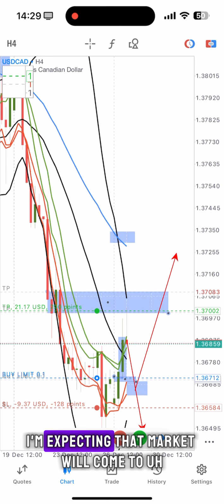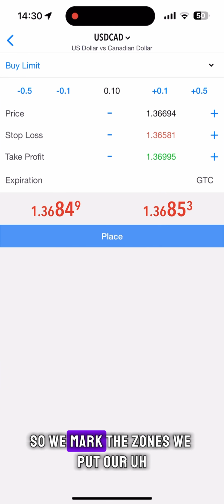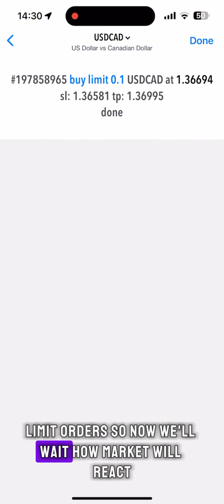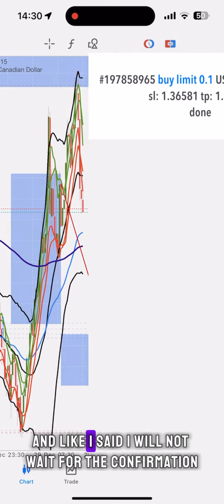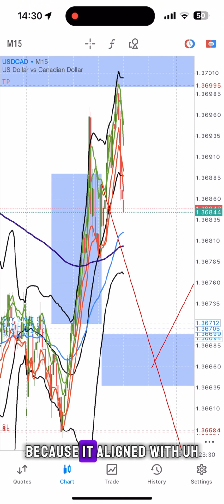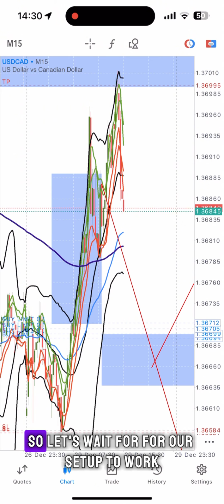That's why I'm expecting that market will come to a re-entry zone. So we mark the zones, we put our limit orders. So now we'll wait how market will react. And like I said, I will not wait for the confirmation. That's why I put my limit orders, because it aligned with Bistra, and I'm pretty confident that it will work. So let's wait for our setup to work.